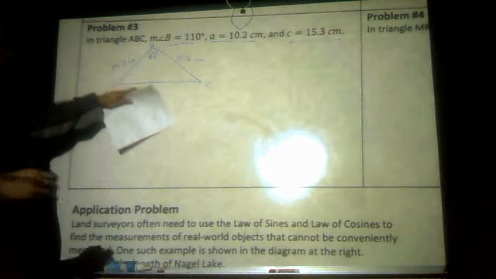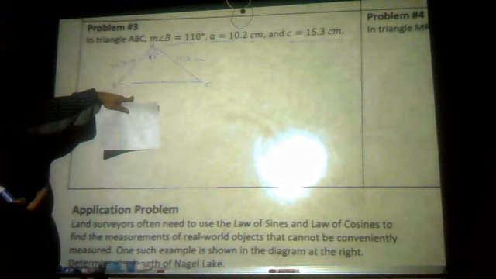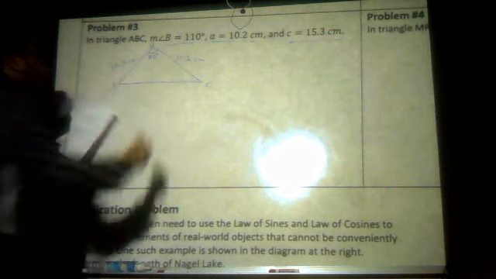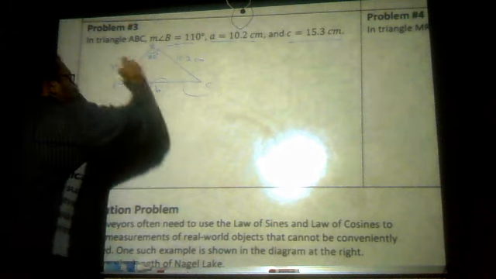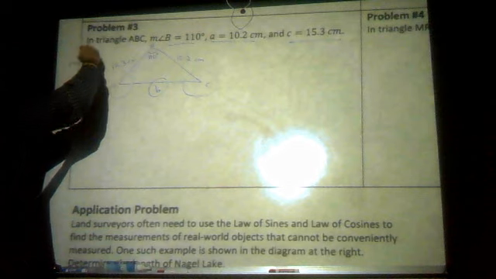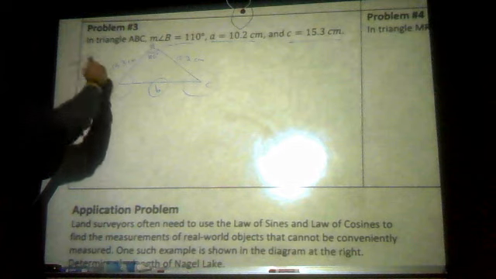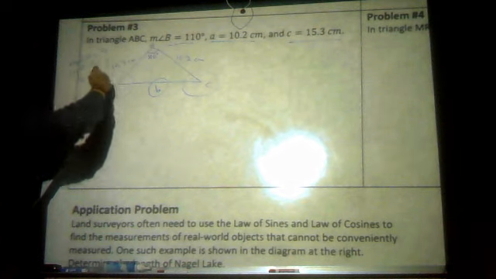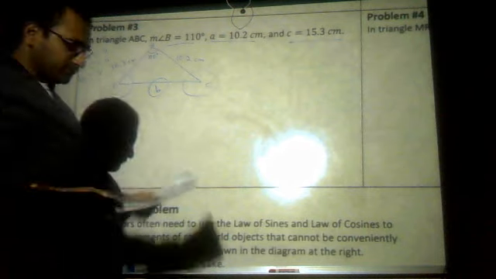Cool. So now we have to ask ourselves, what are we missing? Well, we're missing side B, we're missing angle C, and we're missing angle A. So we're looking for the measure of angle A, the measure of angle C, and side B. We have to find all three of these things.